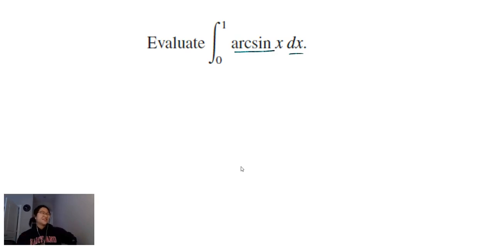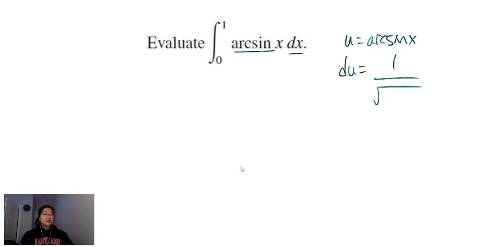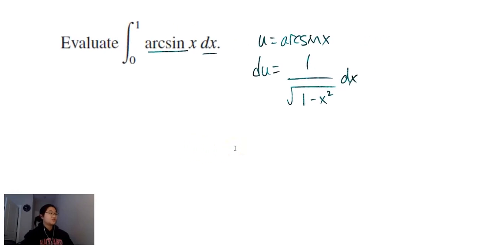I think we do. So what if we say that u is arc sine of x? So that means that du is 1 over root 1 minus x squared dx. And I'm running out of space, so I'm just going to move this over.